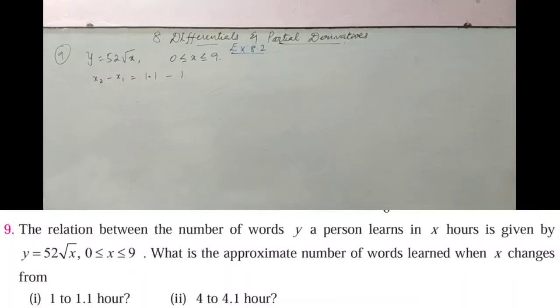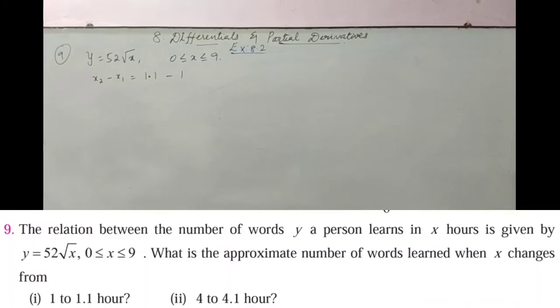Next in the 9th sum, the question is, the relation between the number of words y a person learns in x hours is given by y equal to 52 root x, where x lies between 0 to 9. What is the approximate number of words learned when x changes from 1 to 1.1 hour and 4 to 4.1 hour?